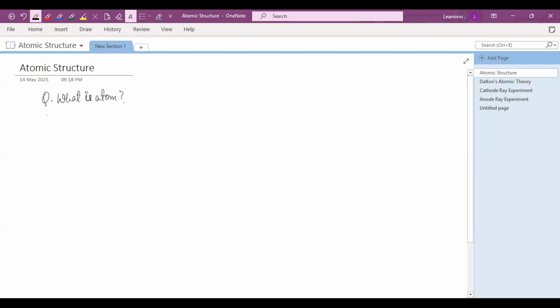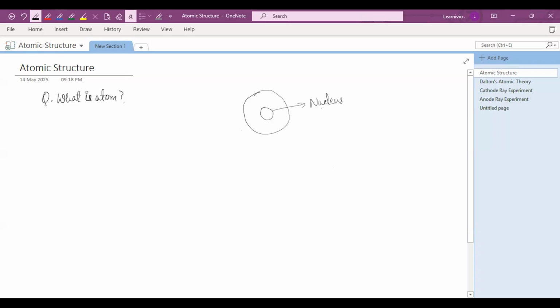So atom is a fundamental unit of matter, right? What is atom? It is a basic or fundamental unit of matter, right? Now see, a structure we have just studied in the earlier class. This type of structure is of atom. So this is the atom, atomic structure, and here in the center, the nucleus is present, right?